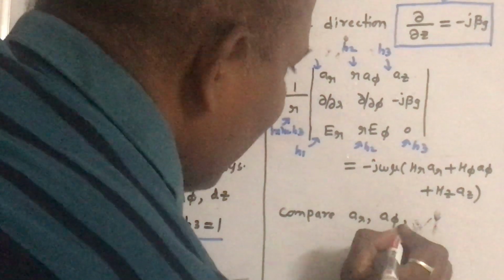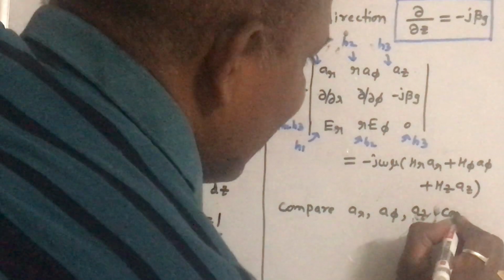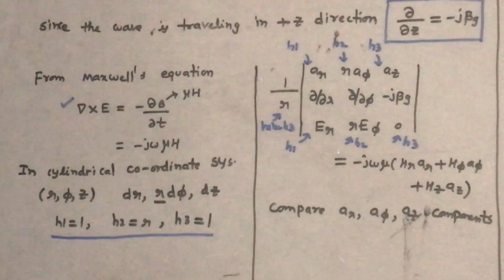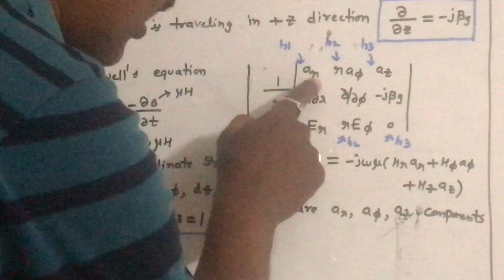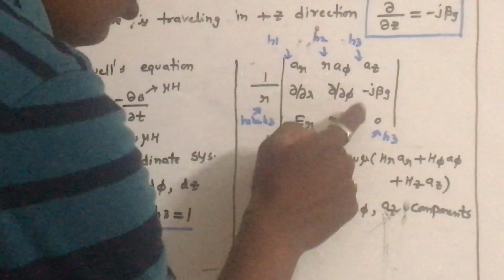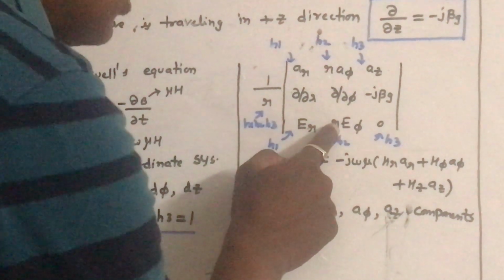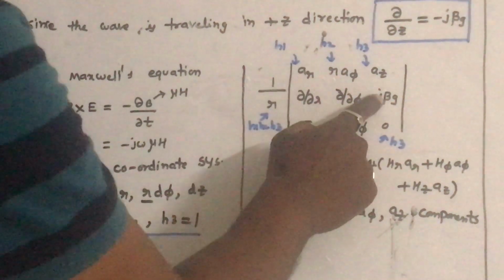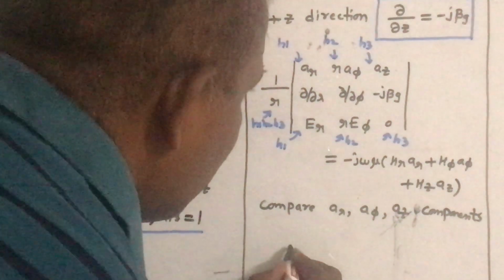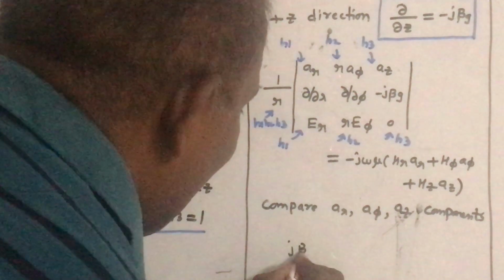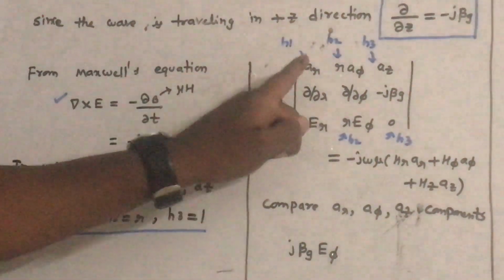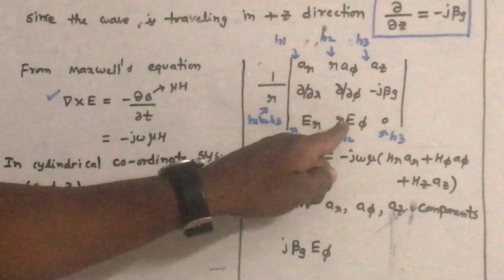Carefully observe what the a_r component is. This term is 0, so dou by dou phi of 0 is 0. Minus into minus will become plus, so j beta g into r into E_phi, and this r cancels out. So the first term is written as j beta g E_phi, because the r cancels out.